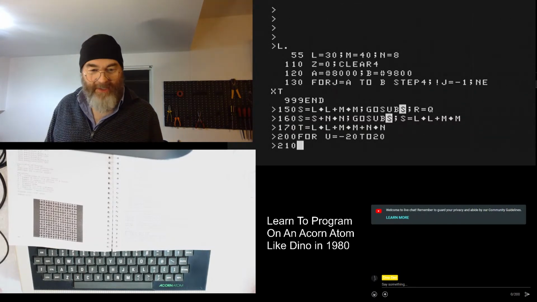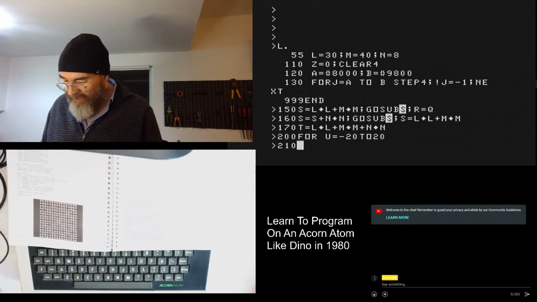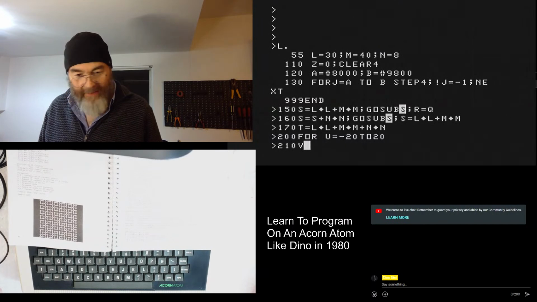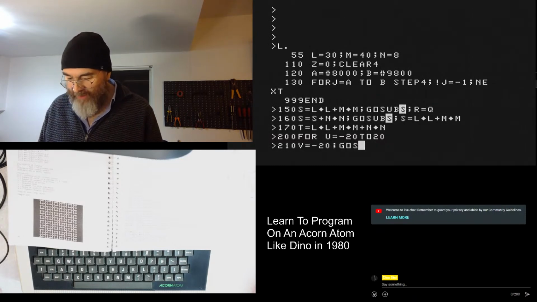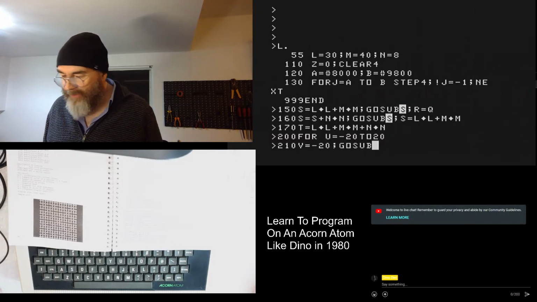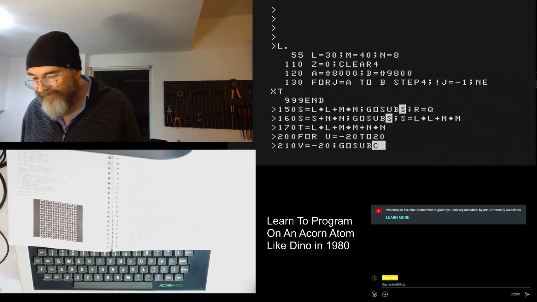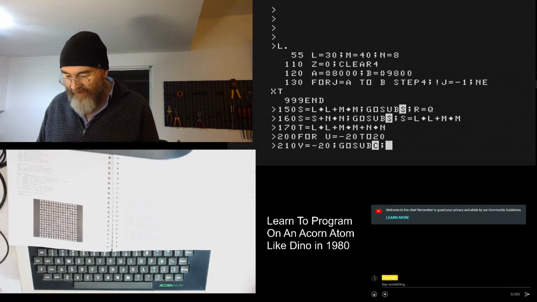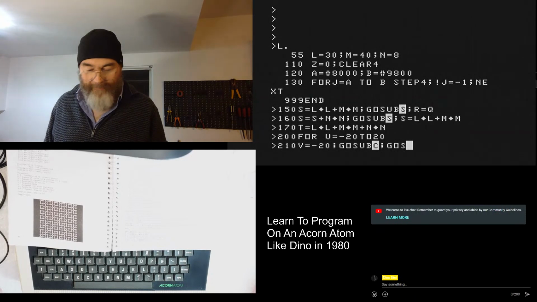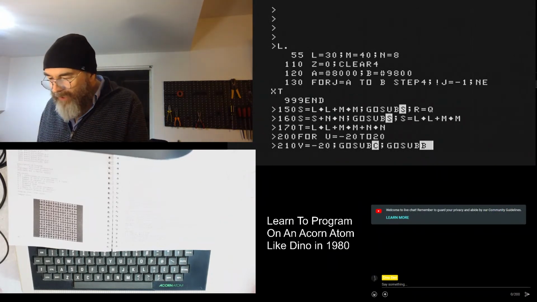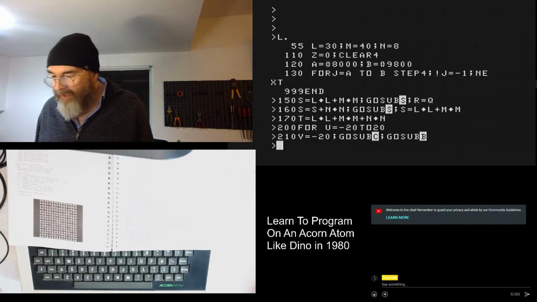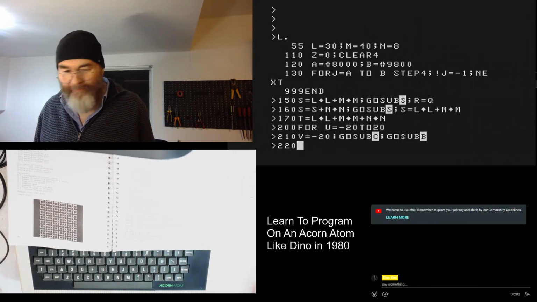Right, line 210. V equals minus 20. Go sub C, and then go sub B. B, C and B. Okay, and then we do 220.